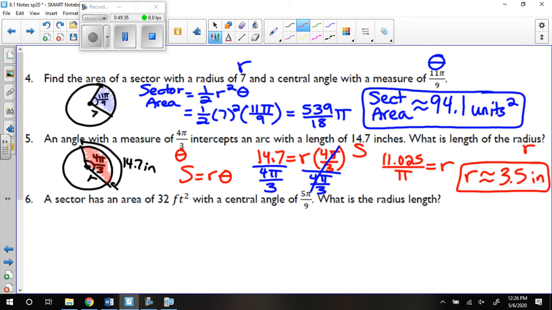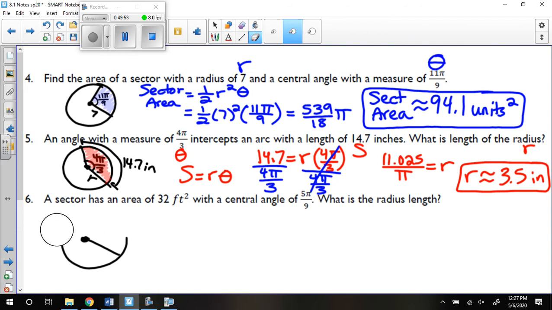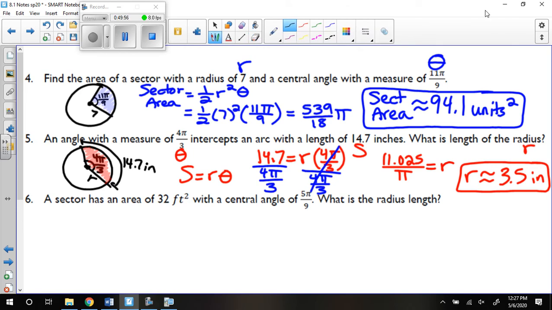Last one. Okay, we've got a sector has an area of 32 feet squared with a central angle of 5 pi over 9. What is the radius length? Okay, we've got our circle. Okay, so our sector area, they actually give that to us this time.